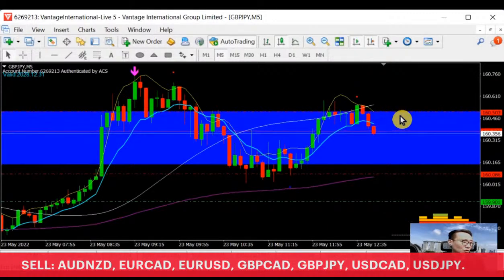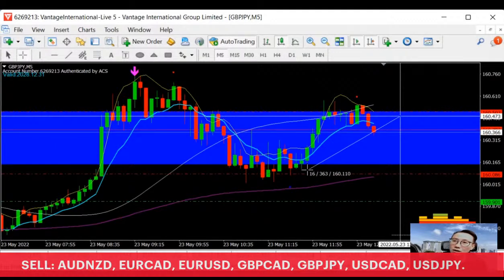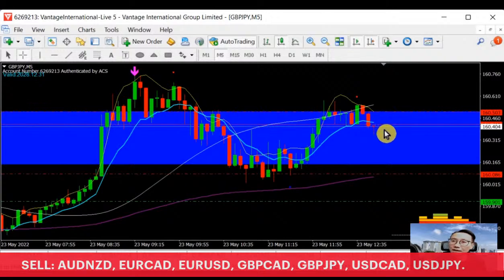In the next hour onwards I will start selling, and my targeted price will be about 1.6. Because of the movement, 160 is quite conservative for this wave.